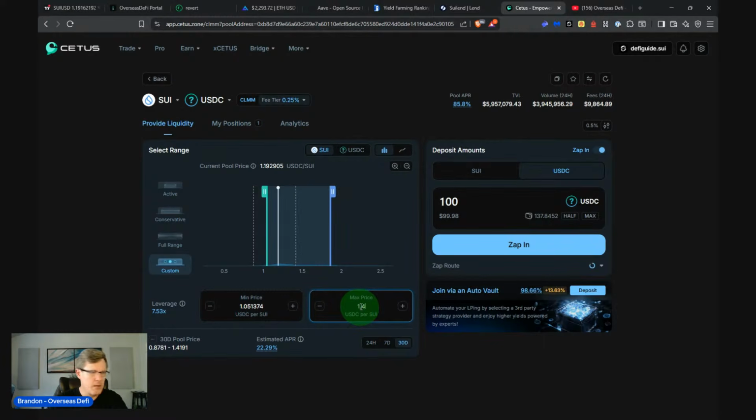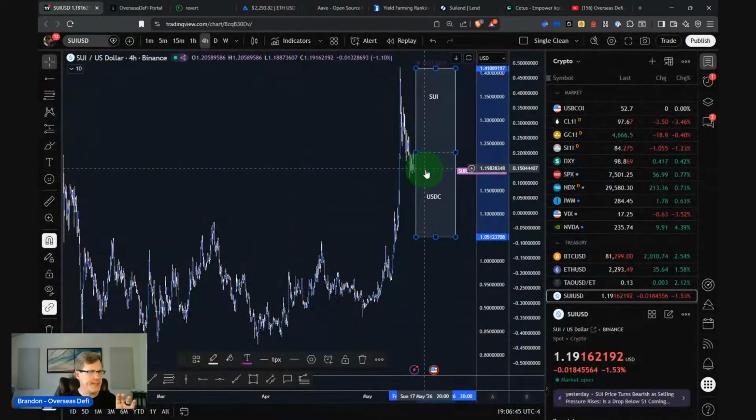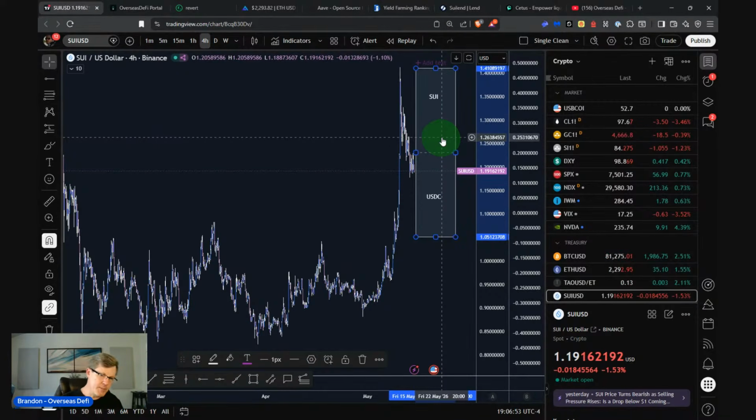And $1.41. Now, by setting up our range like that, what that means is that as long as the trading continues to stay within that range, we are earning fees. Sometimes the volume will be high. A lot of people are swapping a lot of tokens, and there's a lot of fees being generated, so we're earning a very high yield.